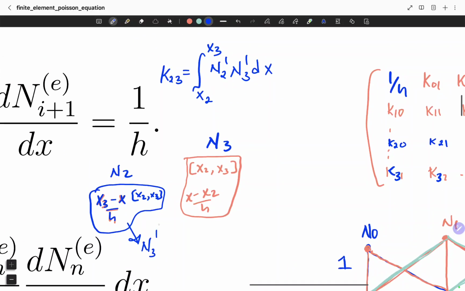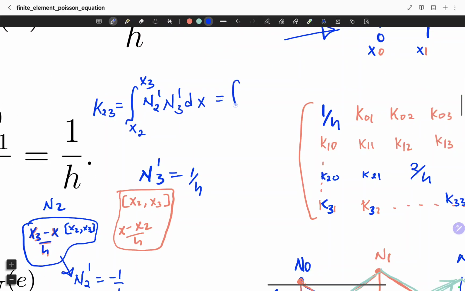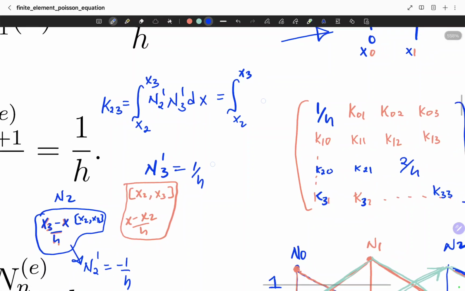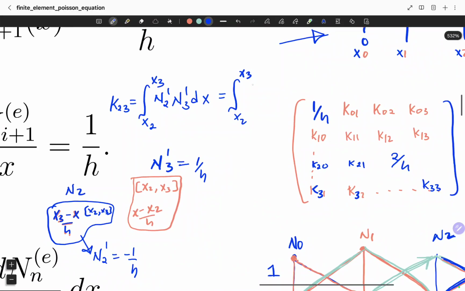Now n2 prime is going to be, you take the derivative of this. This will go to 0. You have minus 1 over h. N3 prime would give you only 1 over h. And here, that's x2 to x3, and n2 prime is minus 1 over h and 1 over h dx.